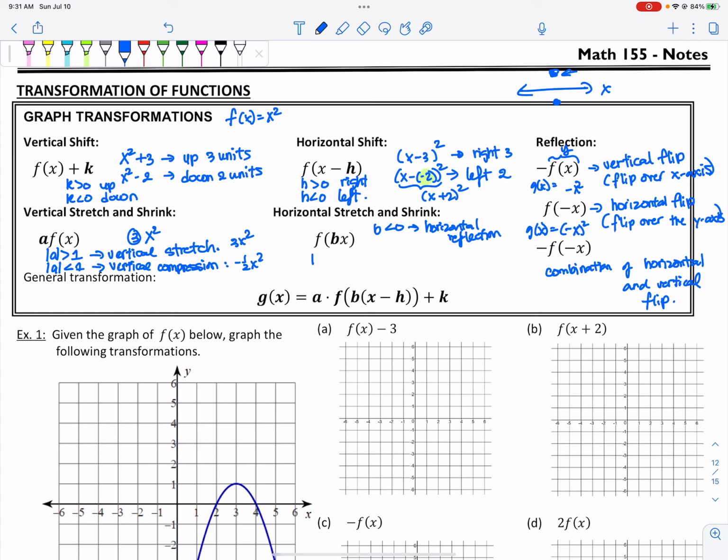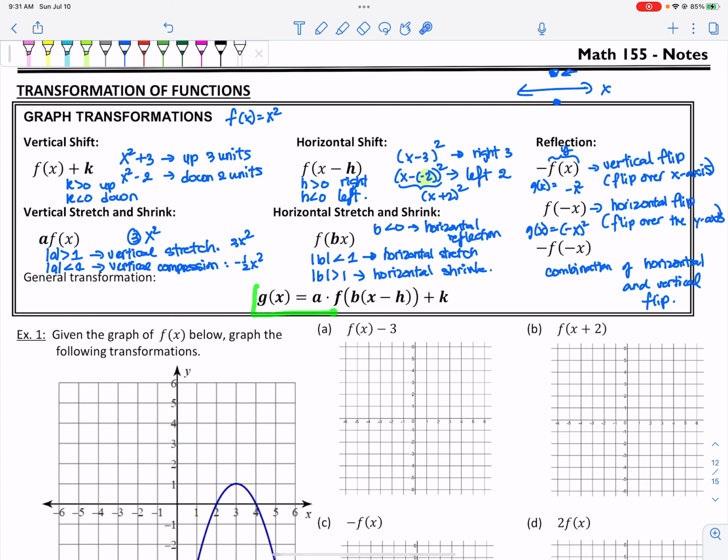Okay, now if the absolute value of b is less than 1, so for example, 0.3, 0.2, you're going to end up having a horizontal stretch, which is opposite from what you would expect over here. If the absolute value of b is greater than 1, then we're going to have a horizontal compression or shrink.